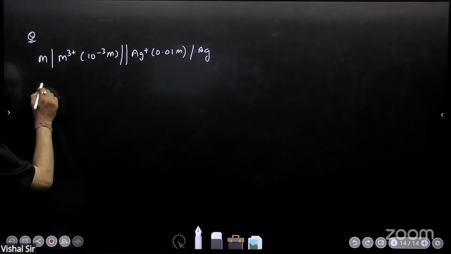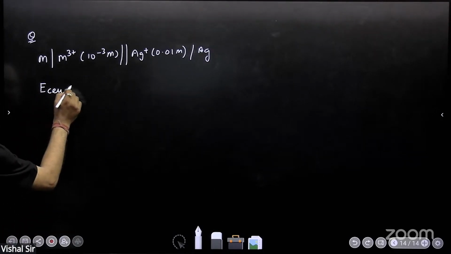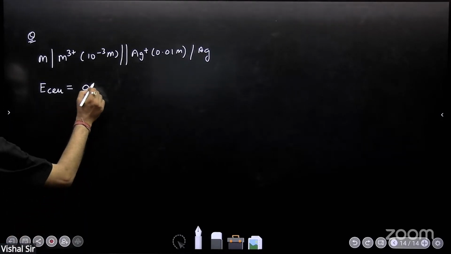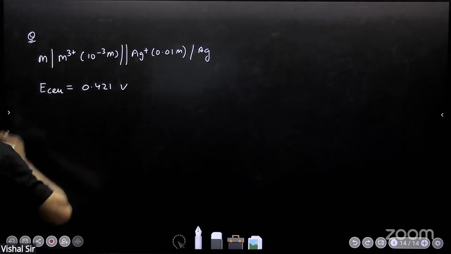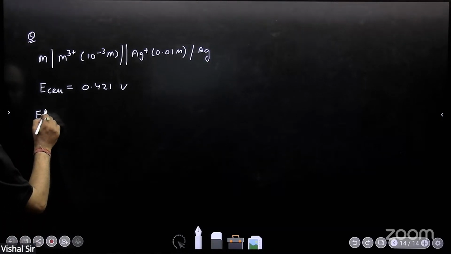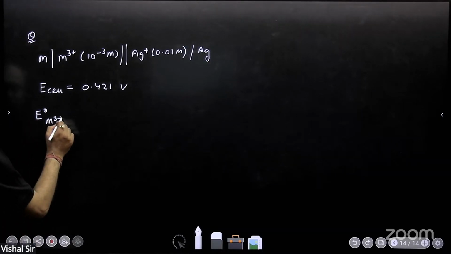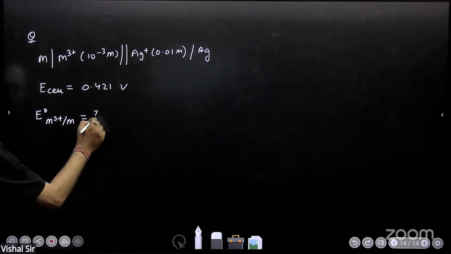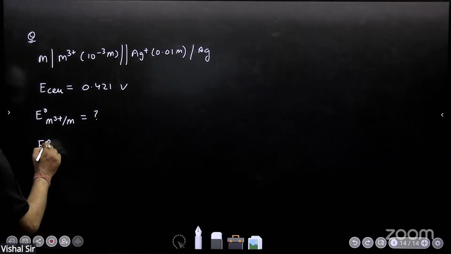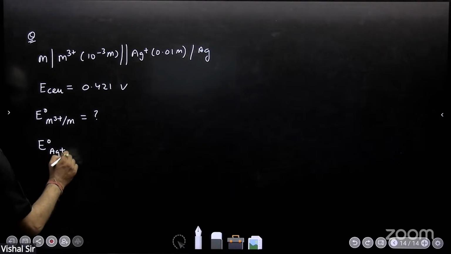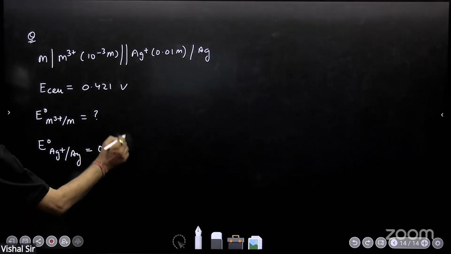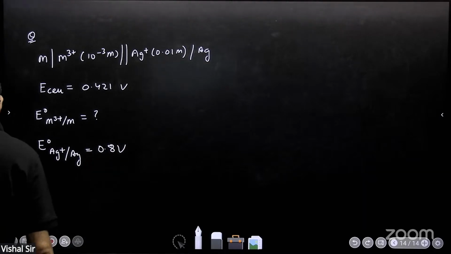And E cell of this cell is given to us as 0.421 volts. Here E cell is already given to us. You are asked E naught of M3+ | M, and E naught of Ag+ | Ag is already given to you as 0.8 volts.